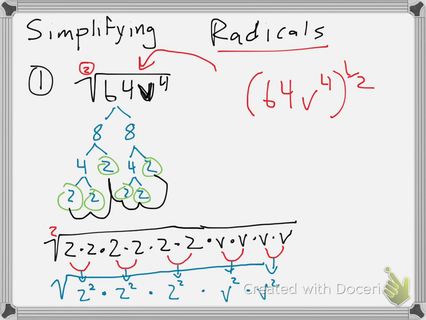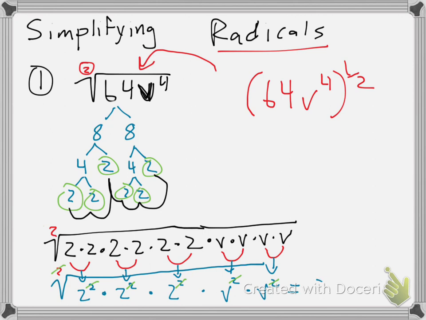So now, with our imaginary 2 here, we have something we can actually cross out. This would come out with this, this, this, this, and this. So this would actually equal all the numbers that are left over.